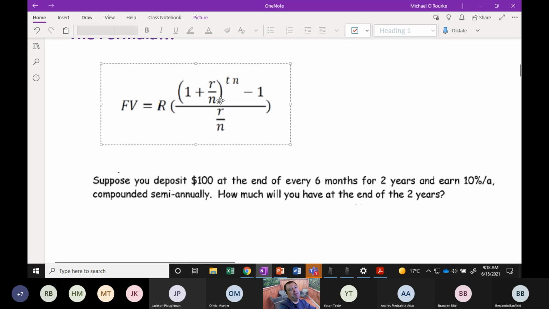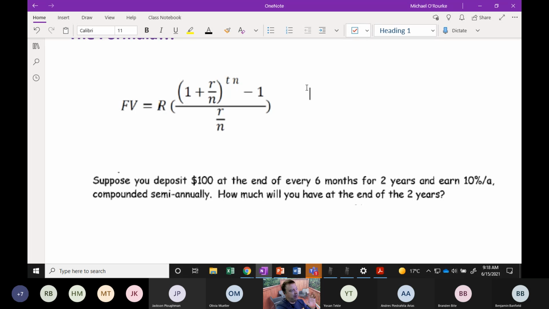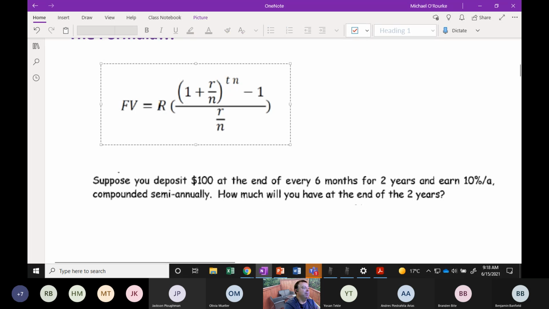Everyone else is going to bring up their mark. Okay, so I'll show you how to do it all if you want to do it all, but don't be too precious about using the TVM solver, because the TVM solver is something that you can use when you go to the bank or when you're looking at loans. You can find this TVM solver online and use it yourself to figure out your options. And I guarantee you'll use that instead of remembering this formula.